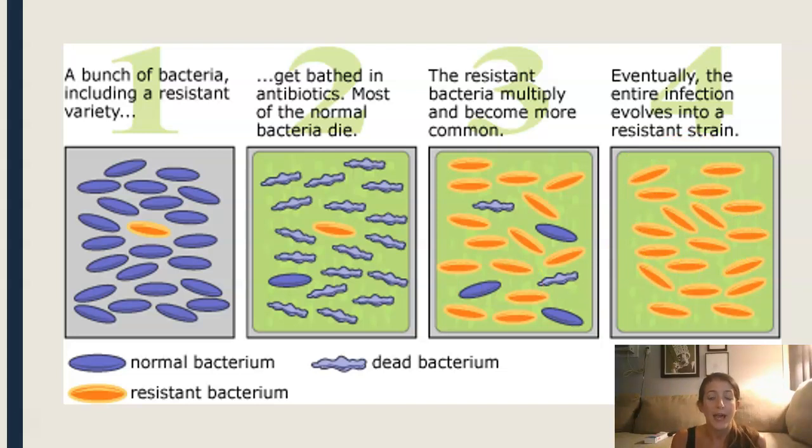So what we say happened was that the antibiotic-resistant bacteria was selected for, whereas the normal bacteria was selected against. So it is an adaptation. Adaptations are beneficial, so being antibiotic resistant is beneficial, whereas the maladaptation was to be a normal bacterium.